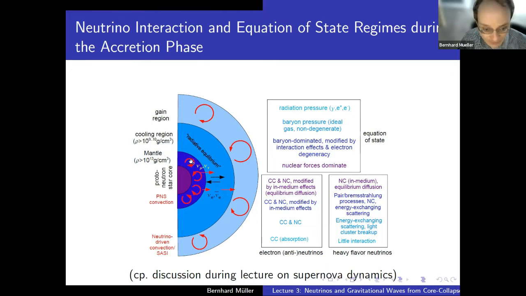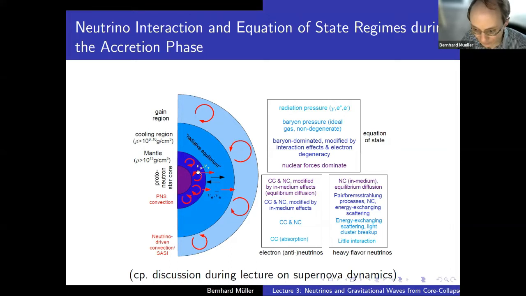Now, if you go deeper to the neutron star mantle, at densities above roughly 10^13 grams per cubic centimeter, you start to see interaction effects in the equation of state, somewhat. But they're still not as pertinent as in the supranuclear density regime.